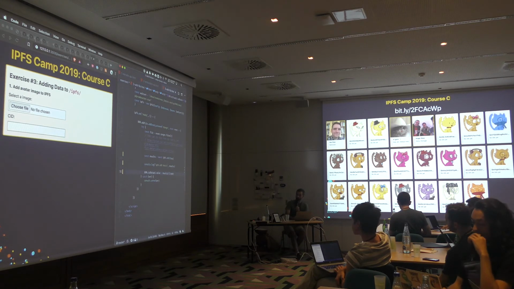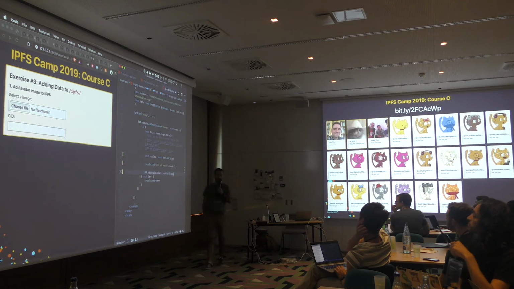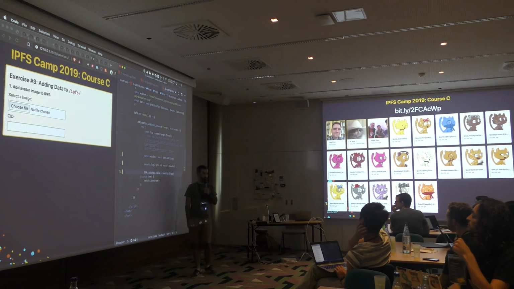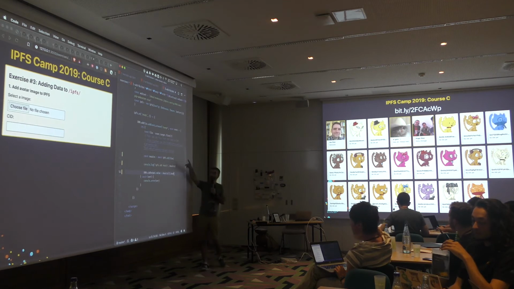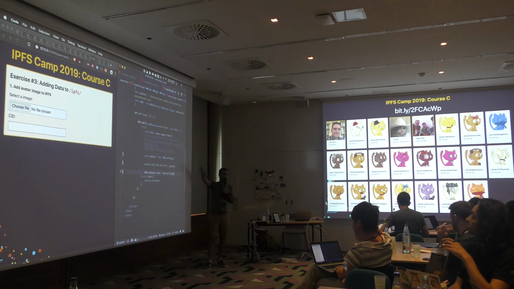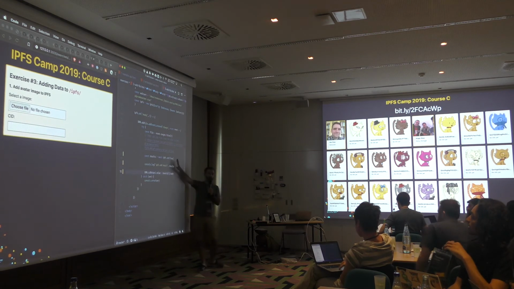what's wrong? Can you figure out what's wrong? I forgot to tell you about something. I just copy pasted, and that's exactly the problem with copy paste. Some typos, right? Our input is called file, and we have files here. I want to tell you a little bit about file. That file there is a DOM file object, and we also support it directly here.